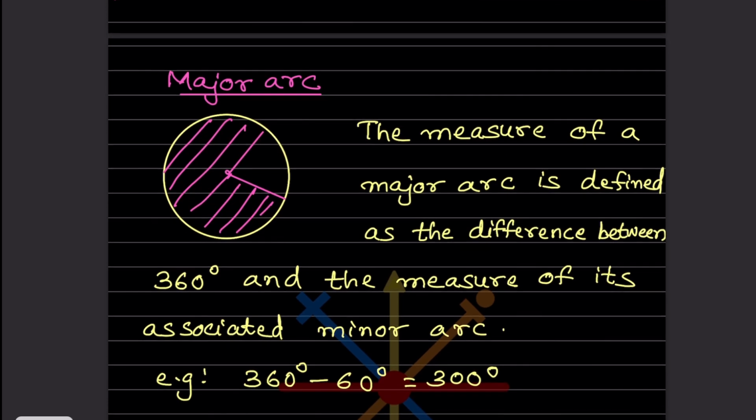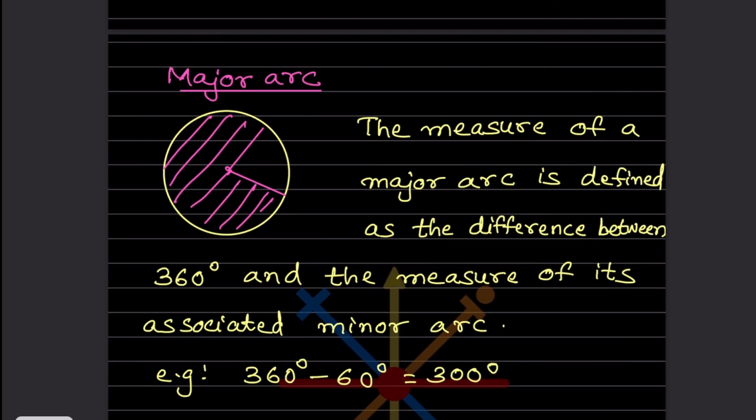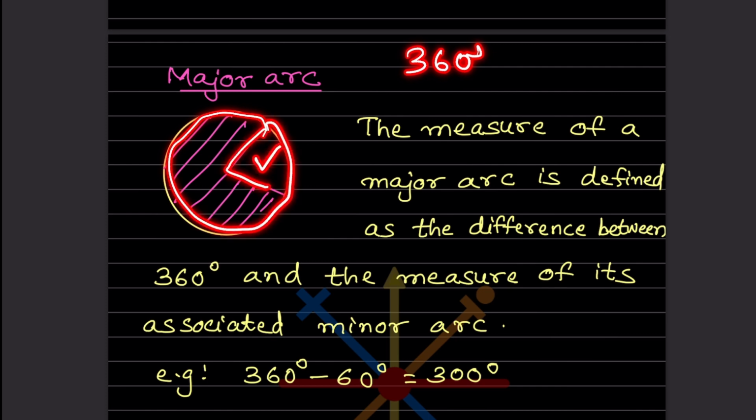The measure of the major arc is defined as the difference between 360 and the measure of its associated minor arc. From 360, because this whole angle is 360 and this part is the minor arc. So from 360, if we subtract this one, suppose this is 30 degrees, then it is going to be 330.